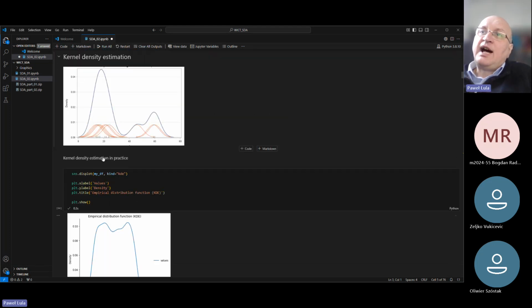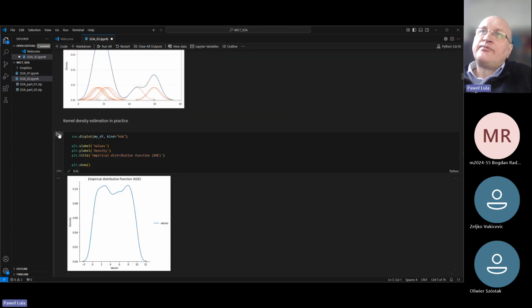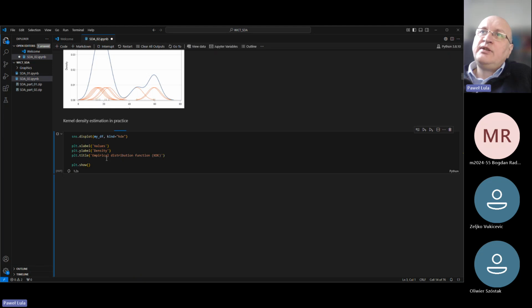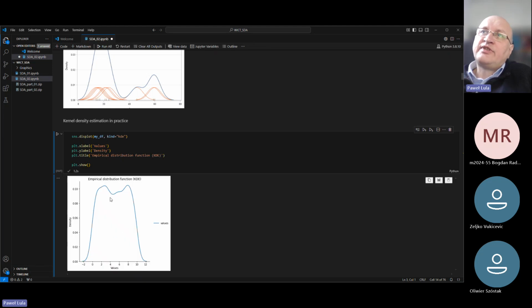So for our data, we see this empirical distribution function, which was estimated using the method which I presented here, the kernel density estimation method.